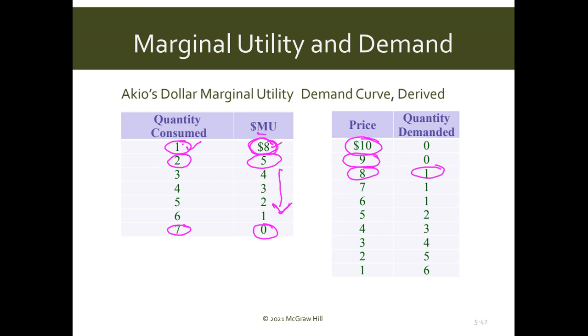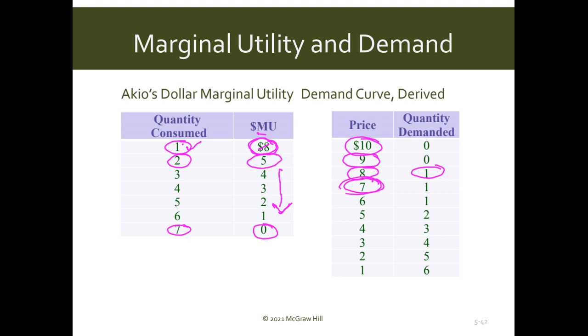When the price is $7, I'm further decreasing prices, and I'll show you what I'm doing actually. When the price is $7, you are not going to buy 2 apples. You're still going to buy 1 apple. Why? Because 1 apple gives you $8 utility and the price is $7, so it's profitable.